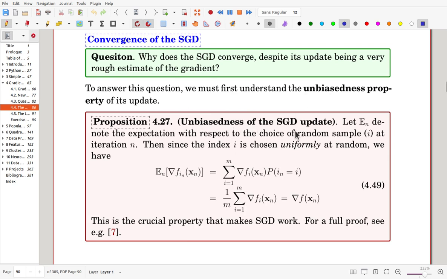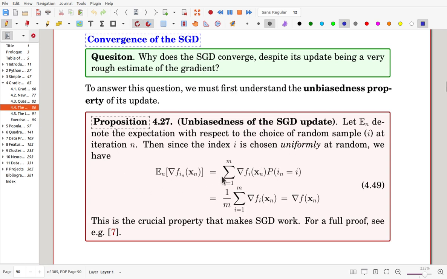Unbiasedness of the SGD update. Let E_n denote the expectation with respect to the choice of random sample i at iteration n. Because the index i is chosen uniformly at random, the distribution must be uniform, so for each i the probability of being accessed is the same. If there are m components, then each one has probability 1 over m.